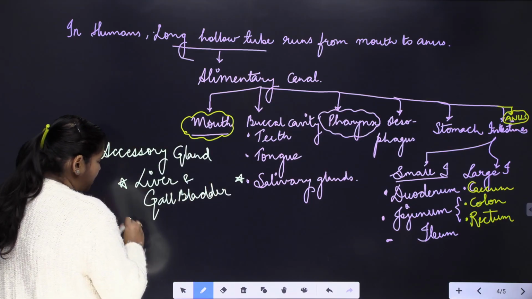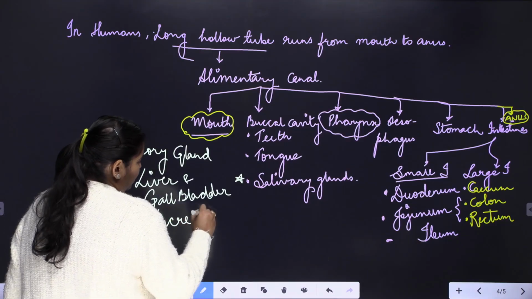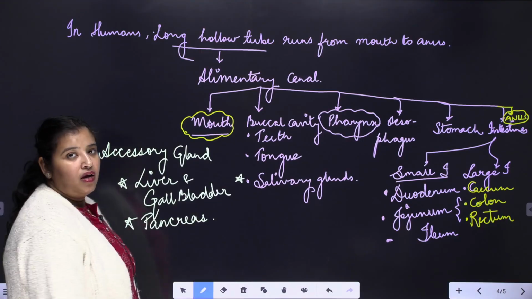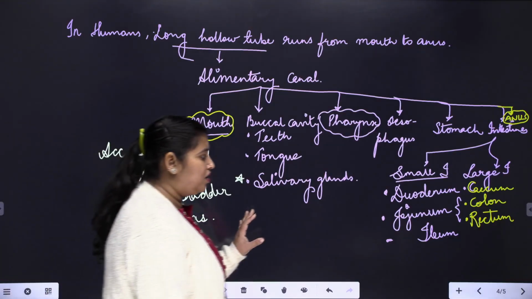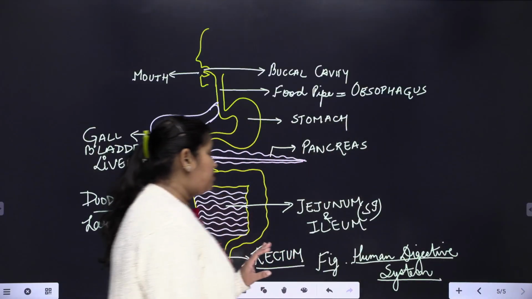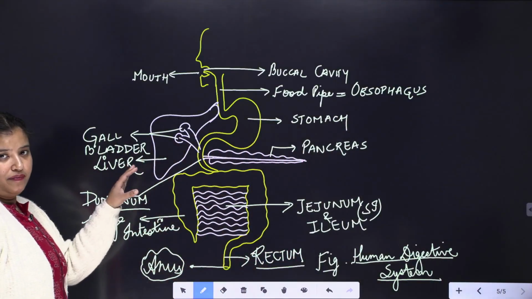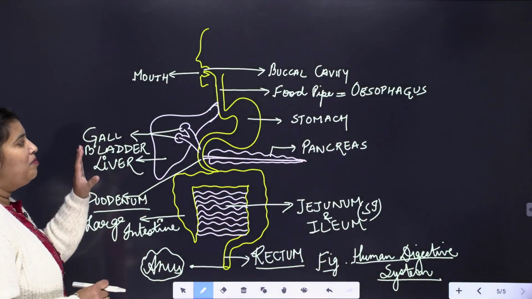And the third one is the pancreas. All right. So this is the human alimentary canal, the layout, what parts are there, and then the system, what is the diagram.